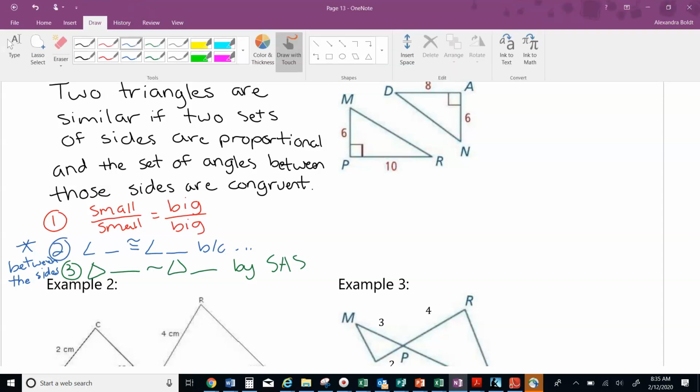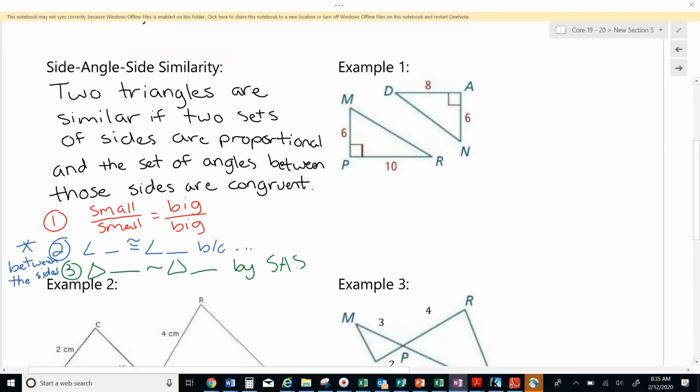Okay. So, let's look at our first example here. I'm going to do my smaller side over my smaller side, and my big side over my big side. So new over old, new over old. Well, 6 over 6 is 1. 8 over 10 is 4/5. Not equal.